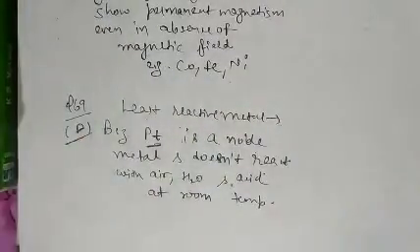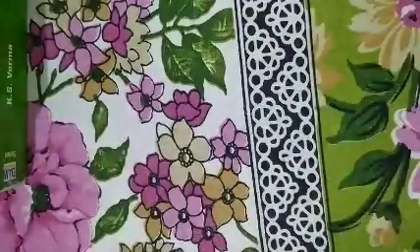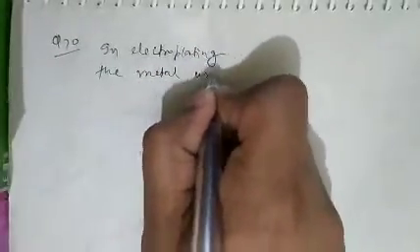See question number 70. In electroplating, the metals used for plating: zinc can be used for plating, nickel is also used for plating, and gold is also used for plating.